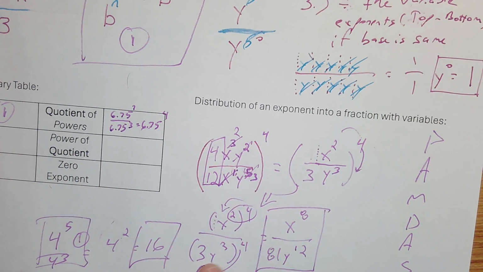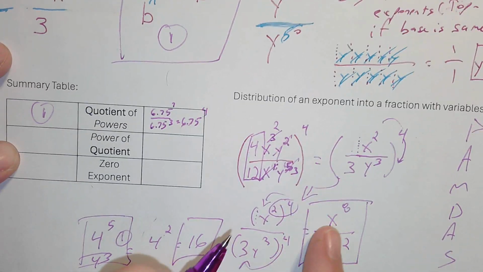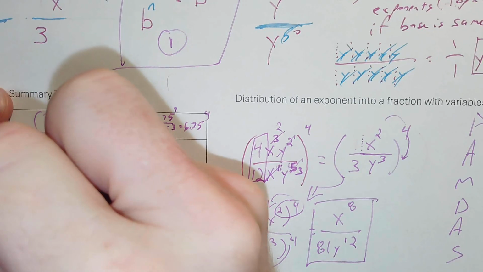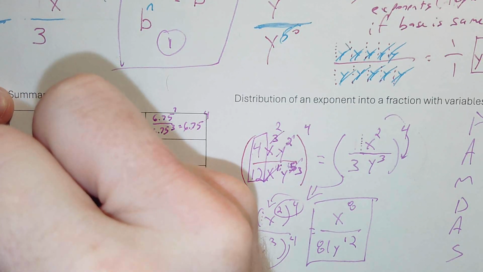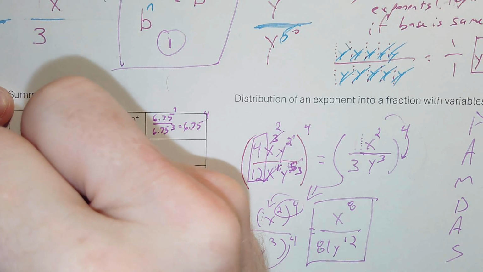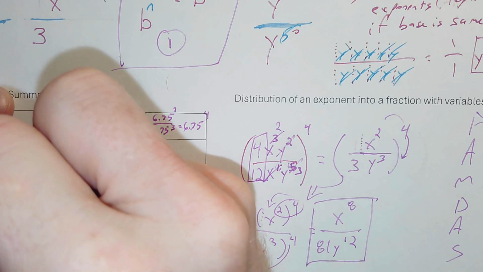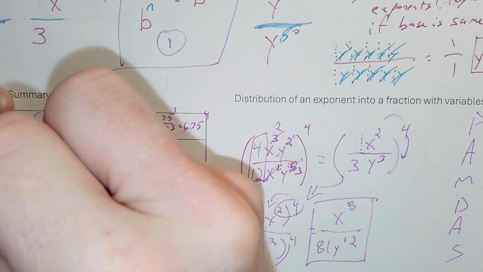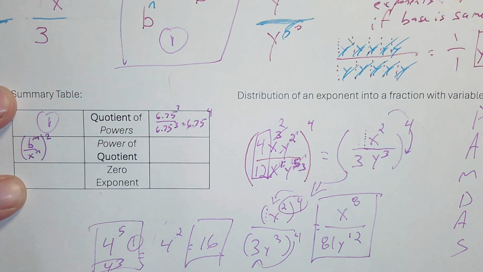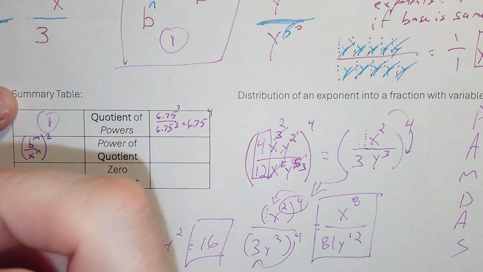The power of a quotient is what we demonstrated right here. If I have a b over an x, it doesn't really matter, say an m to the n, and this is all to the z. It can be a hodgepodge of whatever.